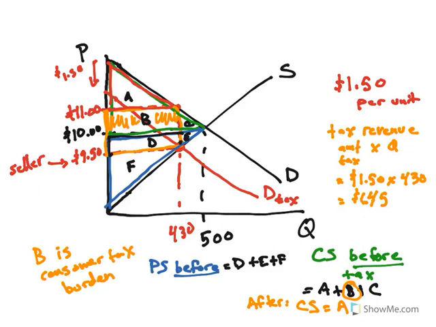Okay, well, after the tax, the area beneath the price that the sellers get and above the supply curve, all that's left is F. Well, what happened to D and E? Well, if you note here, D is part of that tax revenue. So D is the producer's tax burden.